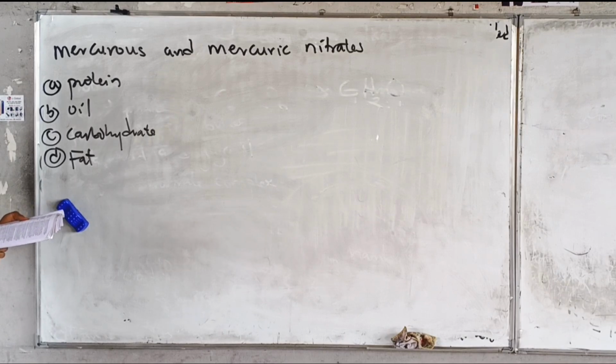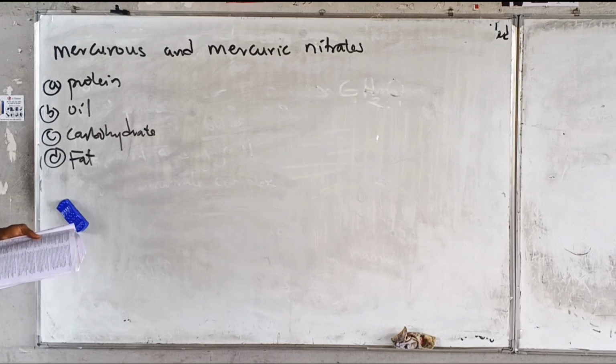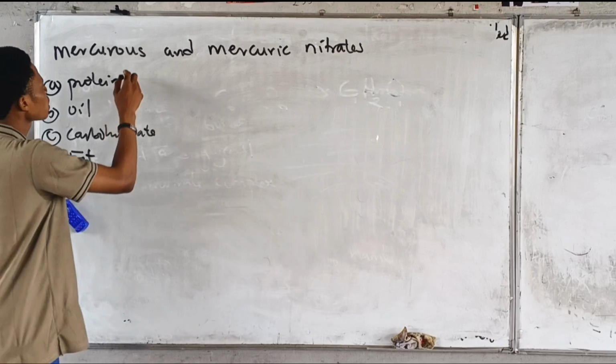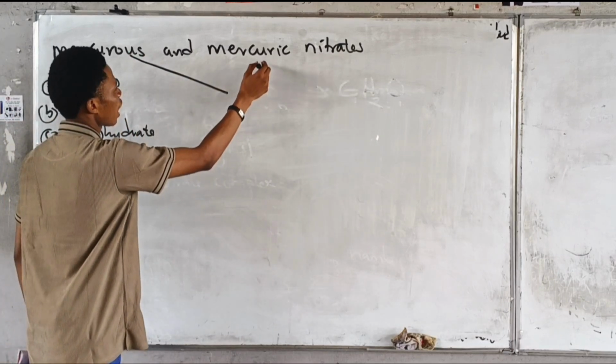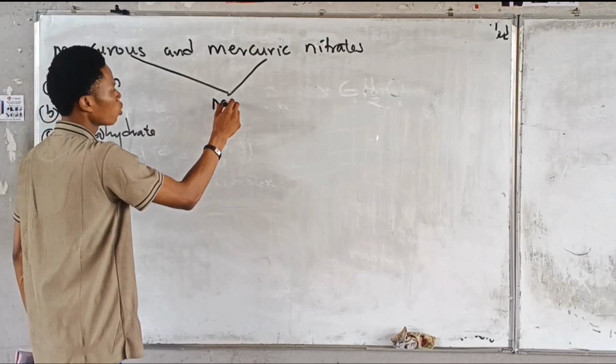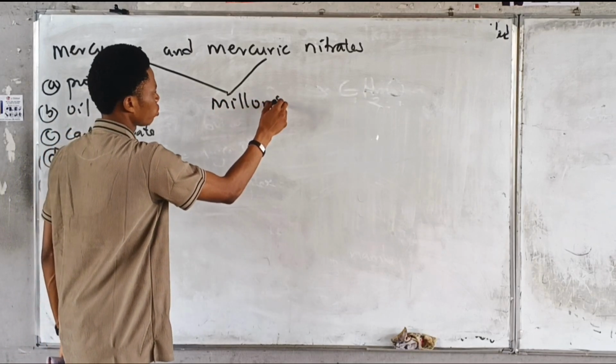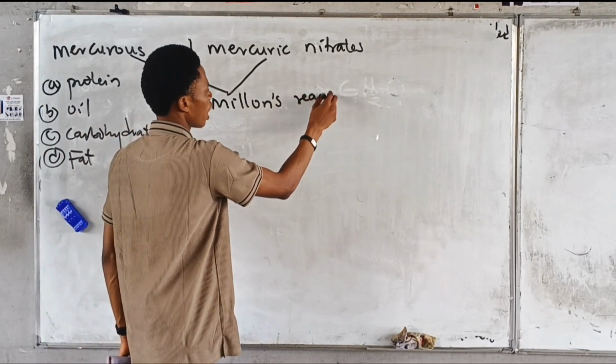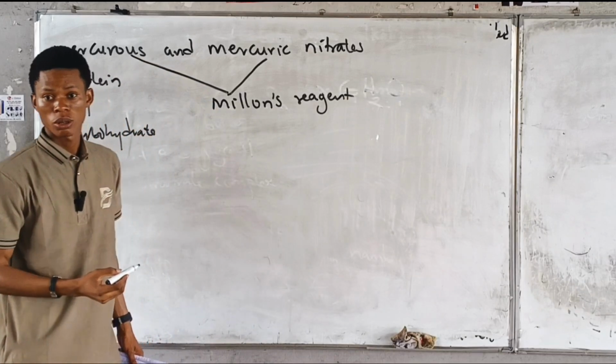Carbohydrates? No. First of all, you ask yourself, a mixture of mercurous nitrate and mercuric nitrate will give you what? If you mix mercurous nitrate and mercuric nitrates together, what you have is Millon's reagent. And Millon's reagent is used to test for what?